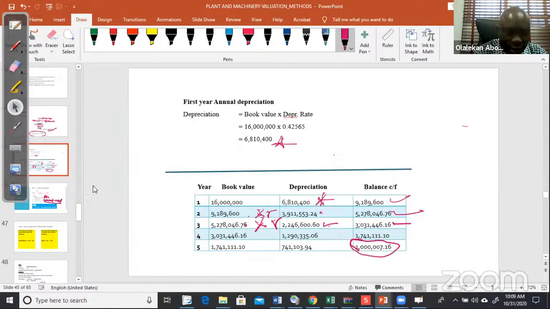Let me point it out. I see reactions on the chat. Let me quickly see what we have. Maybe my valuers have given me answers. Yes, this person got 3,000,003.